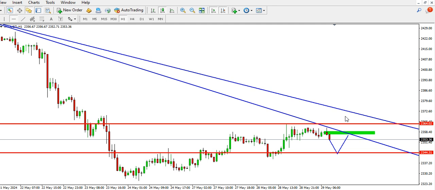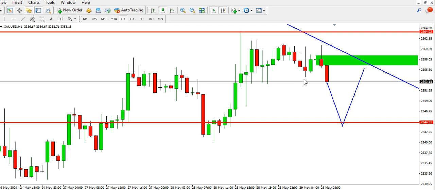But for now, it appears as if the bears are trying to come in based on the resistance at this 2364 area, and based on the candle wicks. We can see the formation of the candle wicks. The bears are trying to push price downwards. That's for the 1-hour time frame.